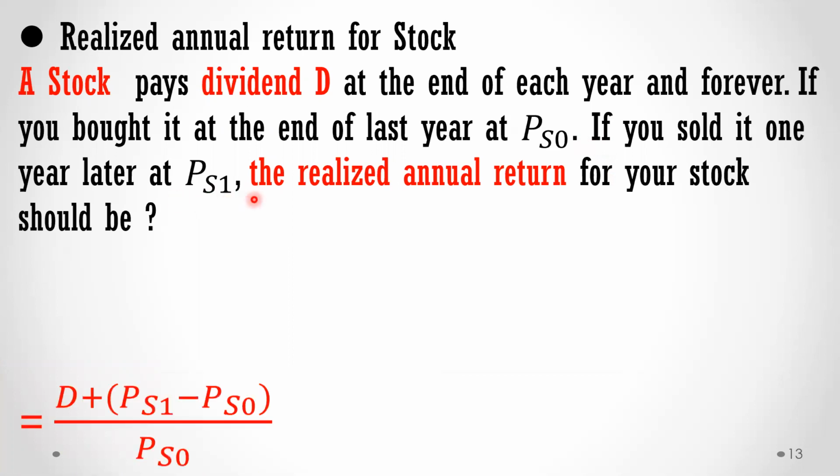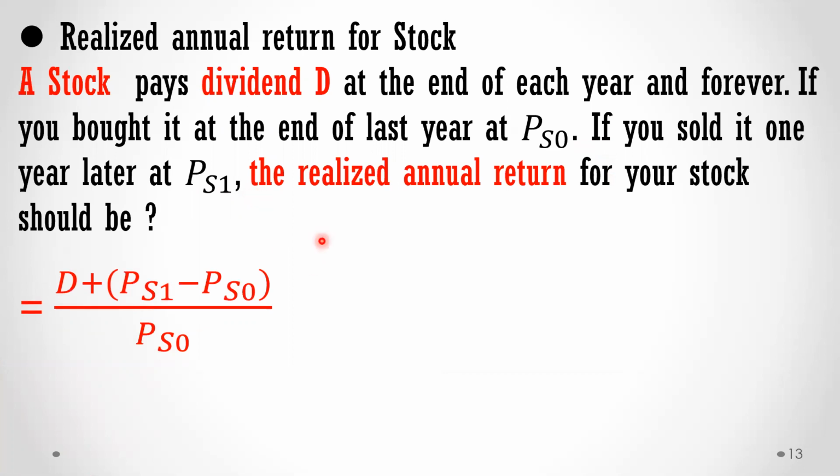The realized annualized return is that you need to consider the dividend payment. At the end of year one, you get the dividend payment, and you also need to calculate the capital gain. This is the selling price, this is your purchasing price, and the difference is called capital gain.